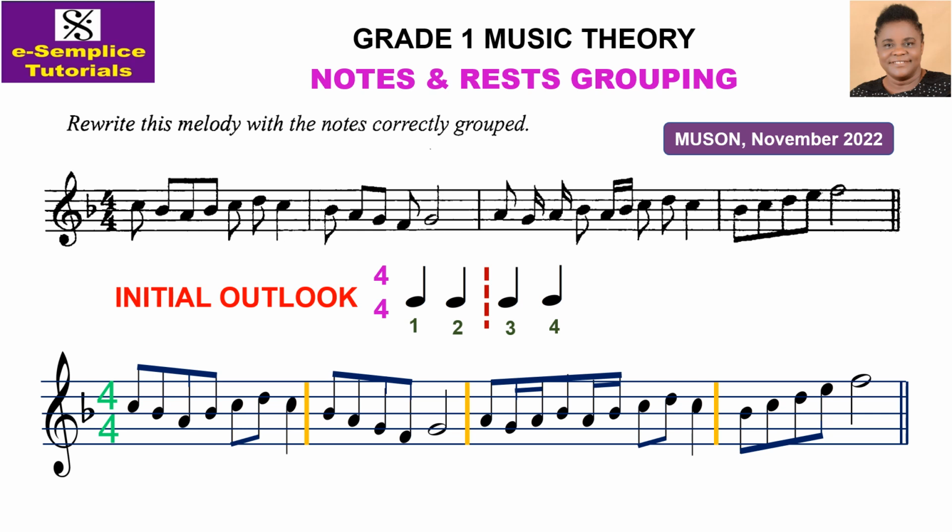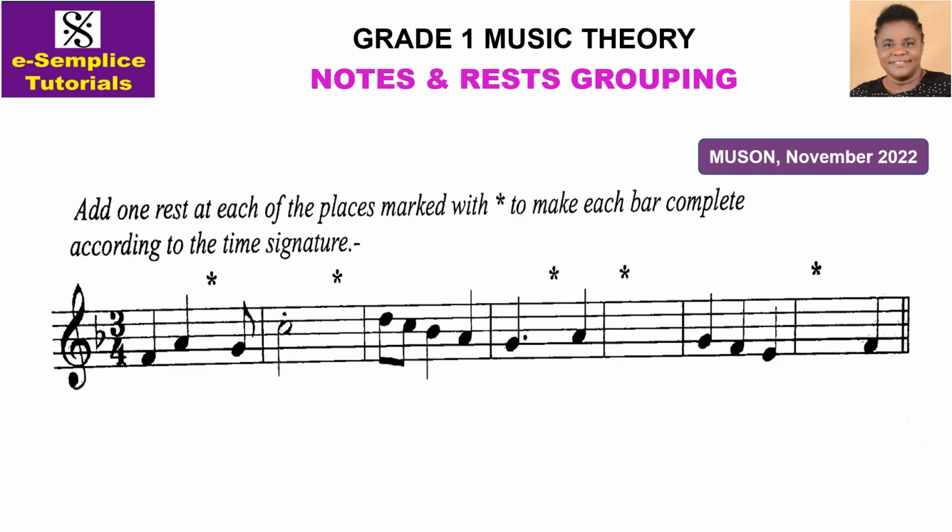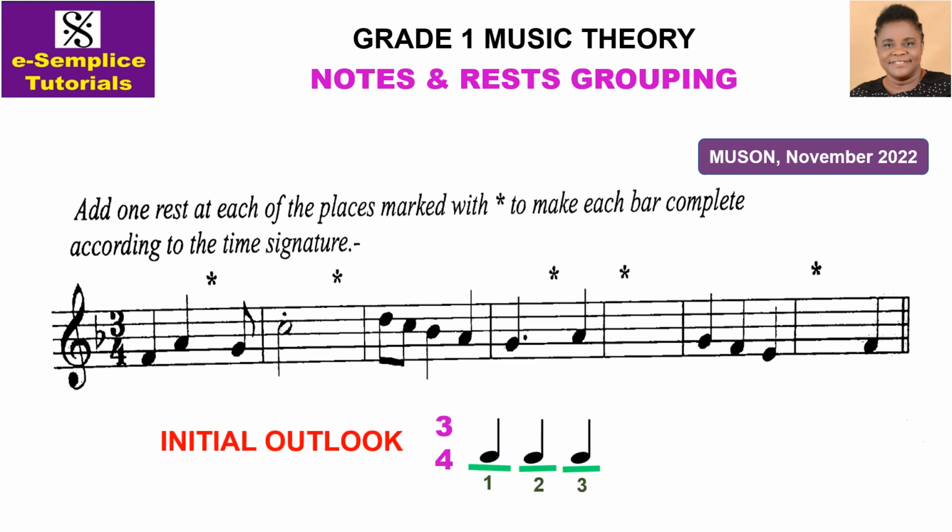Let's see another question. This question says, add one rest at each of the places marked with asterisks to make each bar complete according to the time signature. For me, I still insist, sketch the initial outlook of the time signature you are working with as a guide. Now, let's compare the bar to the outlook.